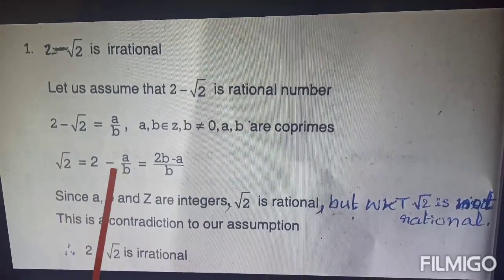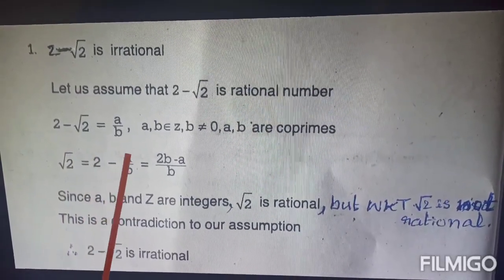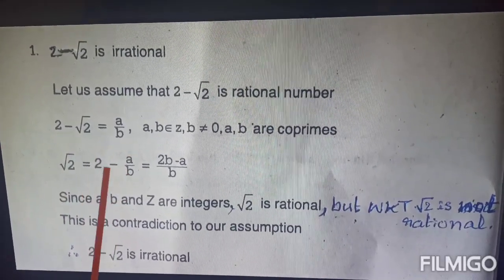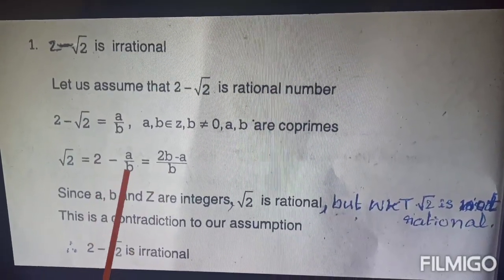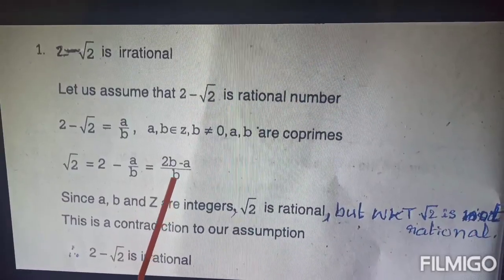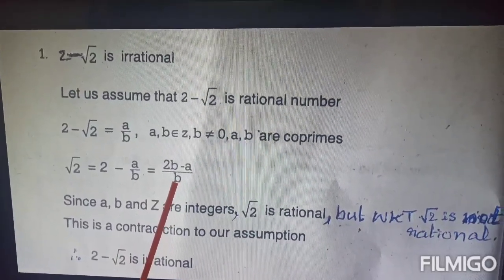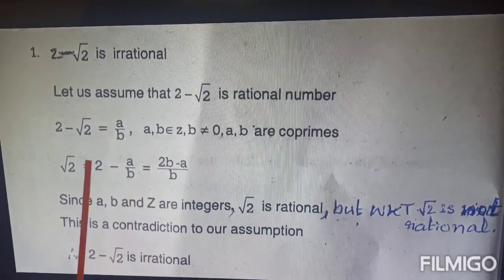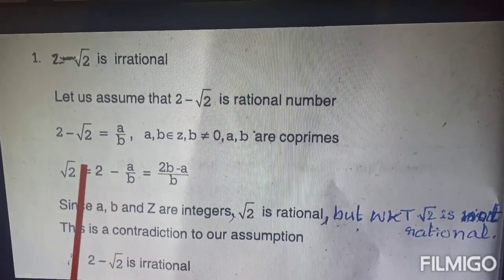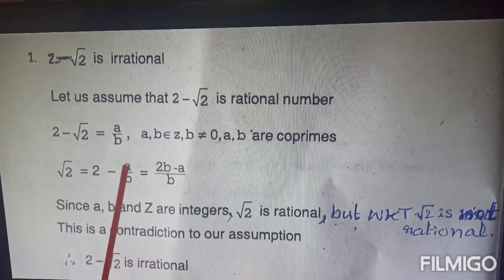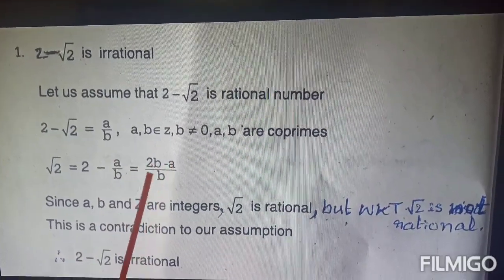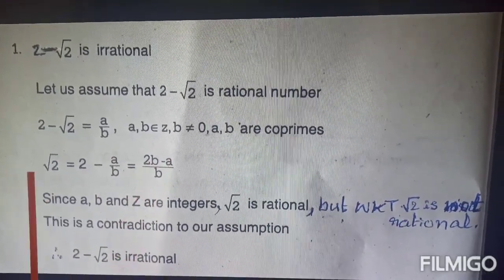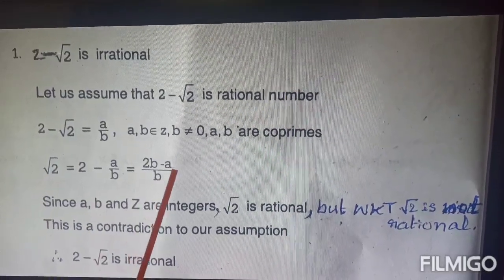Now simplify 2 minus a by b. Taking b as the denominator, as the LCM, I cross multiply b into 2, giving 2b minus a by b, which is equal to root 2.